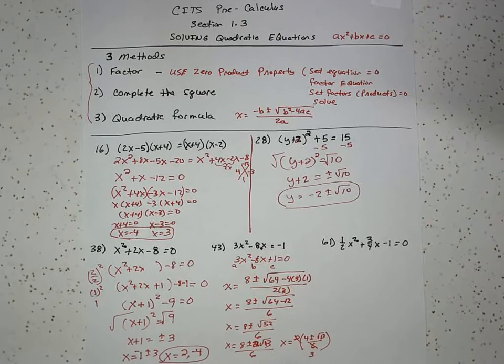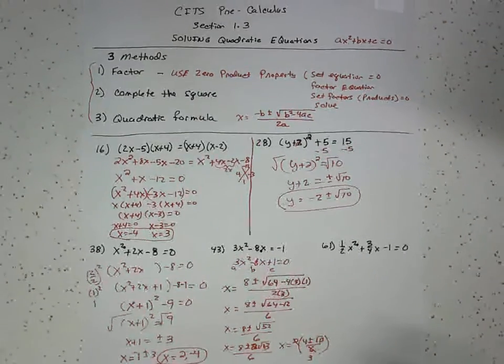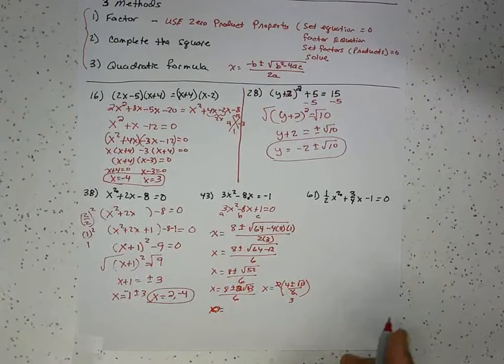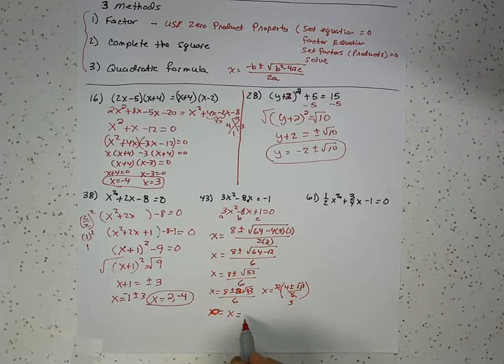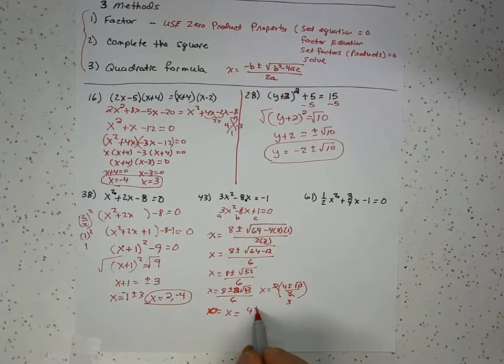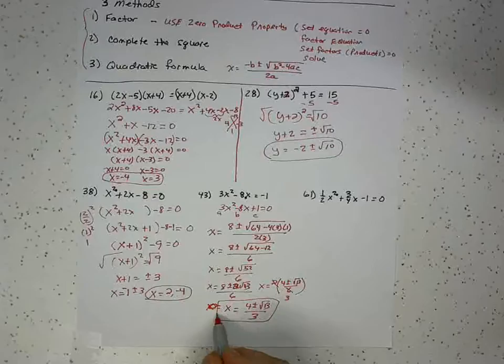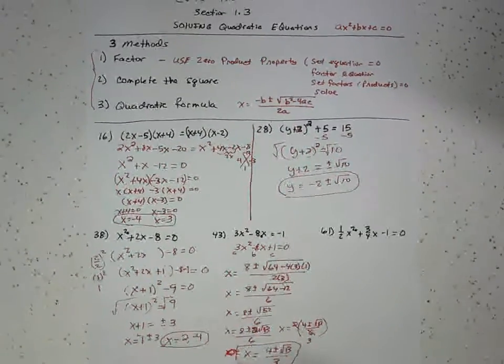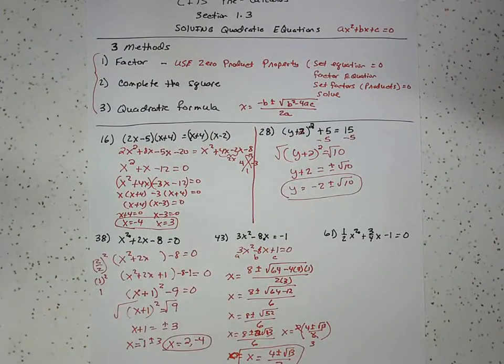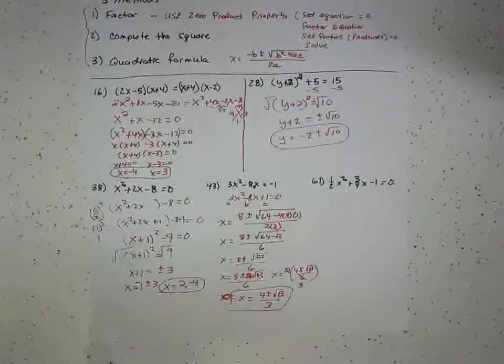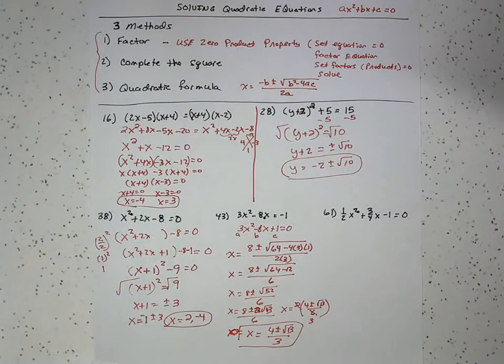So I get x being, oops, I'm out of the frame right there, aren't I? I get x being 4 plus or minus the square root of 13 all over 3. And there are my two values of x. There we go. Get that a little framed up.